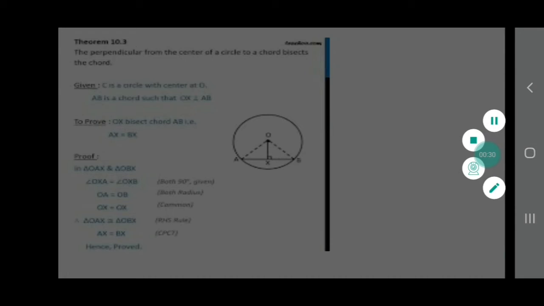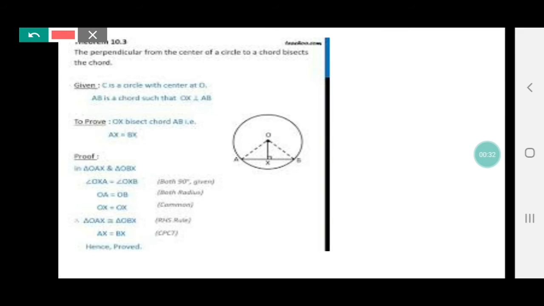We have been given a circle with center O, in which AB is a chord, and OM is perpendicular to AB. We have to prove that OM bisects AB, meaning AM is equal to MB.